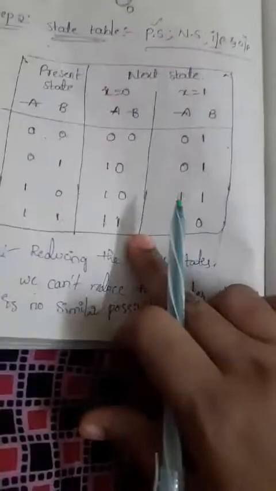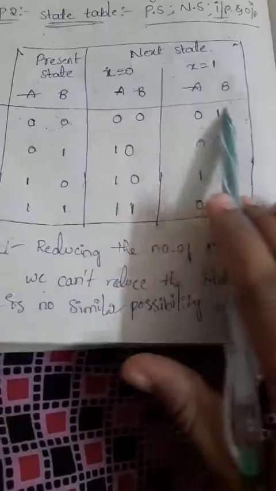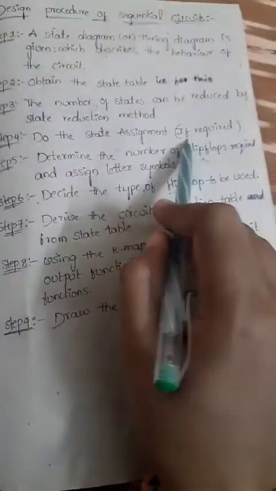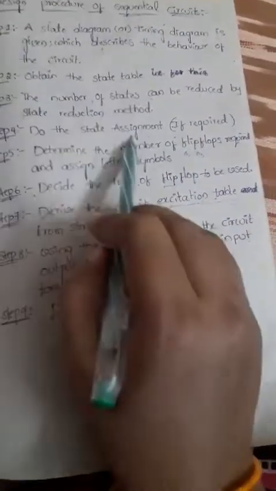But in this state diagram or state table, we don't have that. All the information is only in binary format, so there is no need to take the state assignment here. As mentioned in the procedure, only if it is required will we do the state assignment, but here there is no possibility.